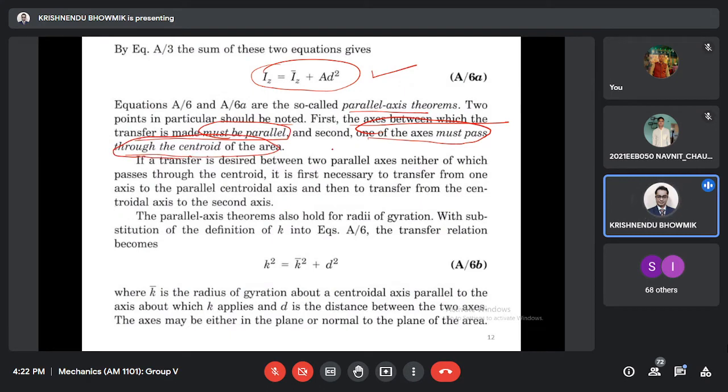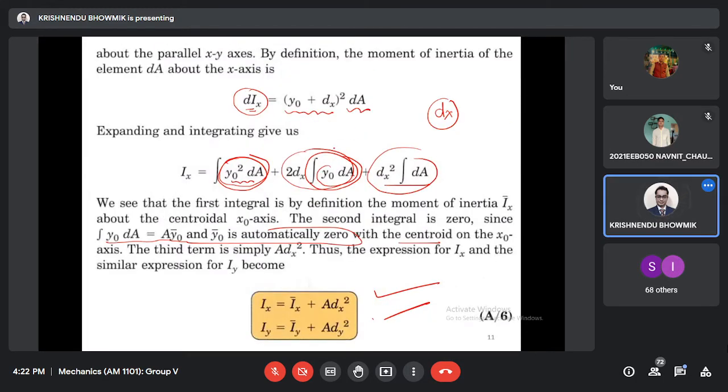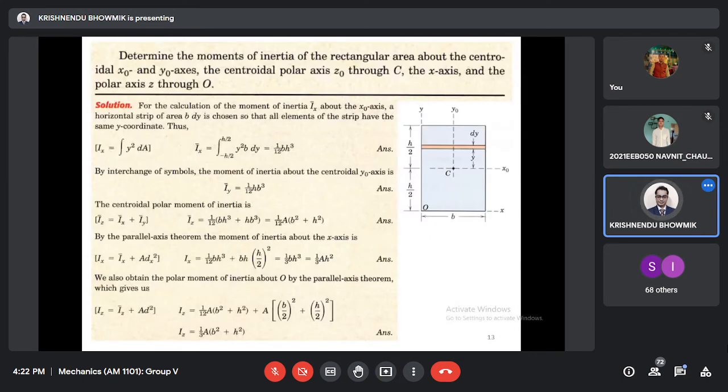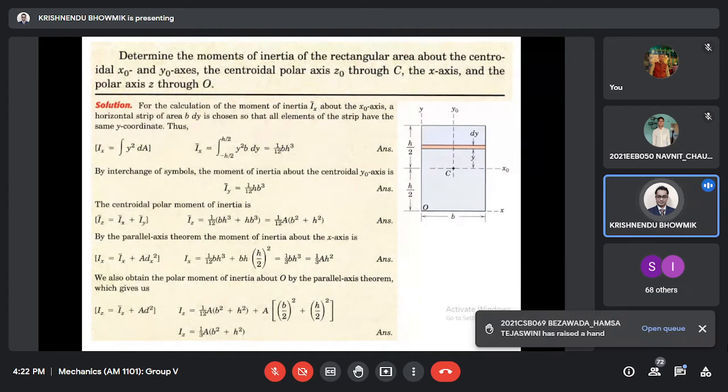This need to be satisfied as 0. If this is 0, then only this is valid. You have to be careful for that. Then we have shown the radius of gyration relationship also. Now let's have some examples.